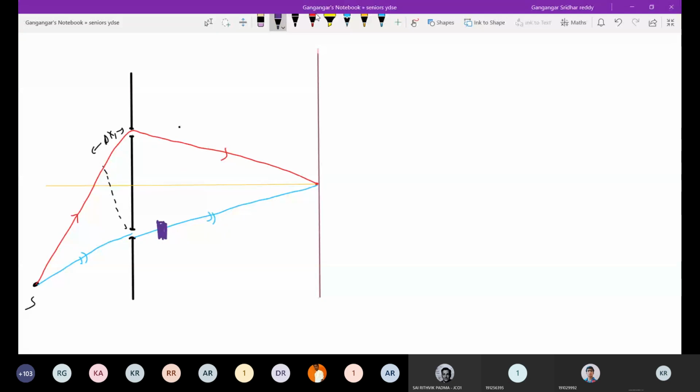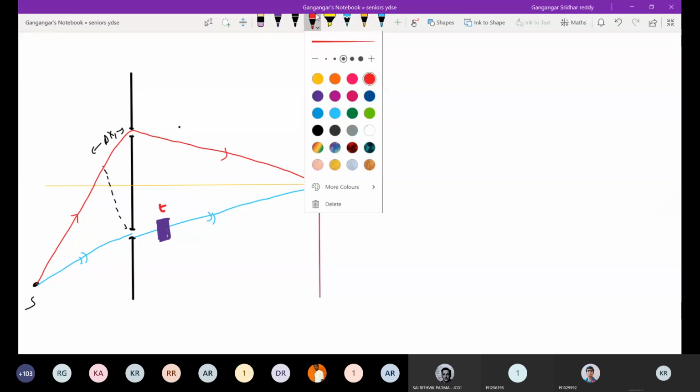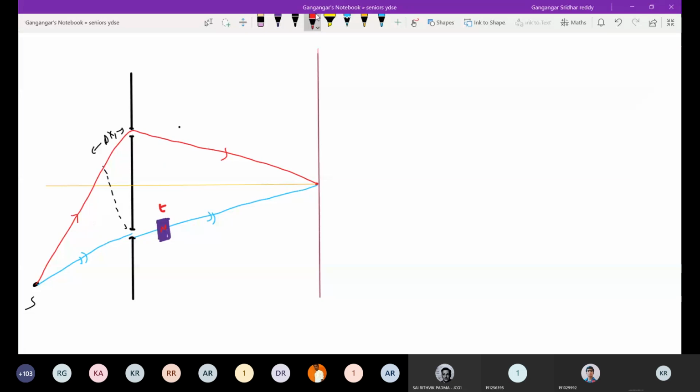The slab is here. Okay, now see things here. You could have thought in this way and avoided some mathematics. To save time, you can analyze like this also. This distance is d, this distance is L, and S1S2 is as per the conditions given.